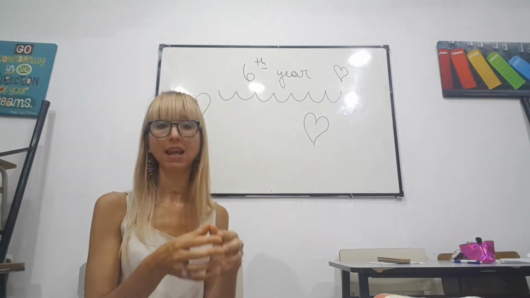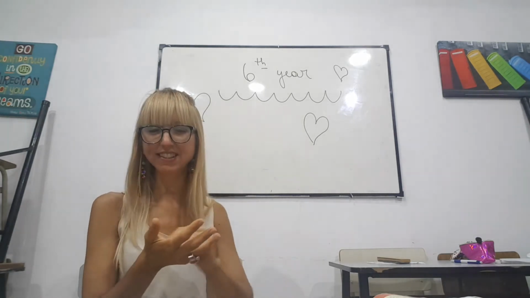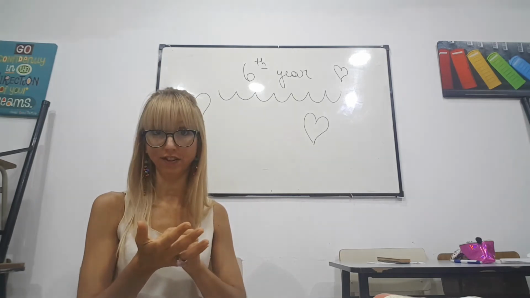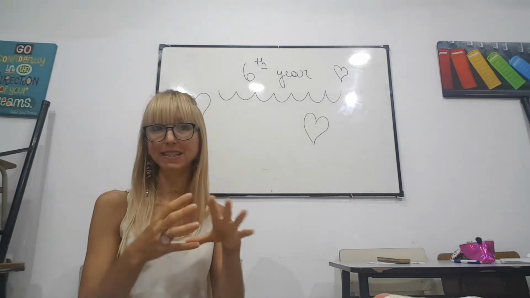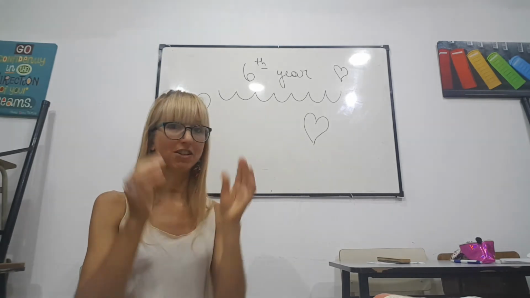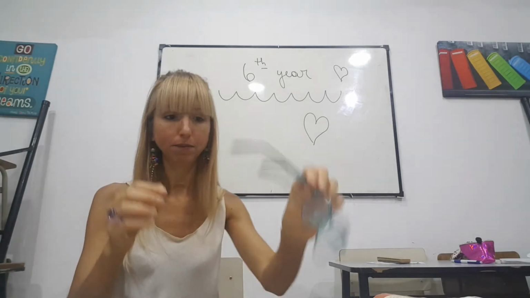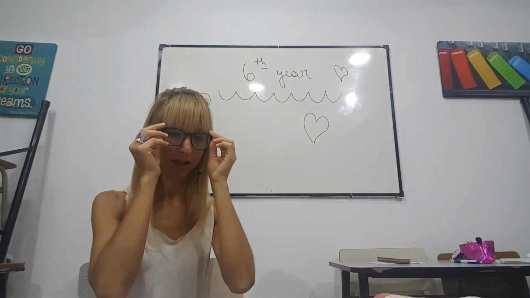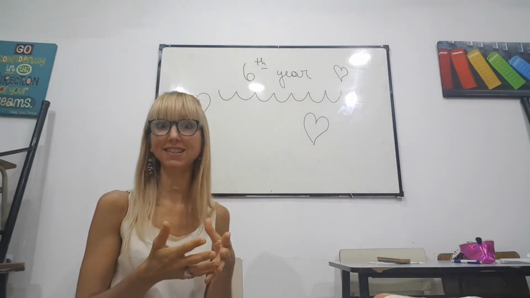Okay? And one more difference is that I use the present perfect simple for short actions. And this has to do more with common sense. Imagine that I do something with my glasses and I accidentally break them. I'm going to tell you, I've broken my glasses.